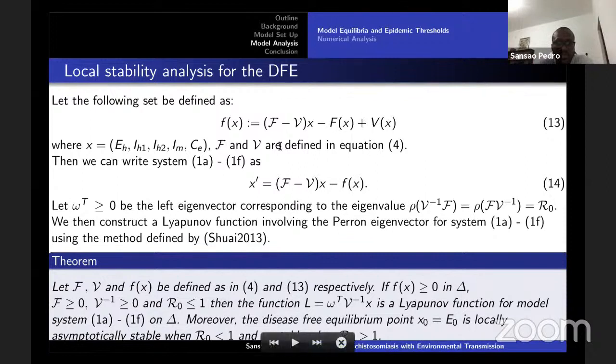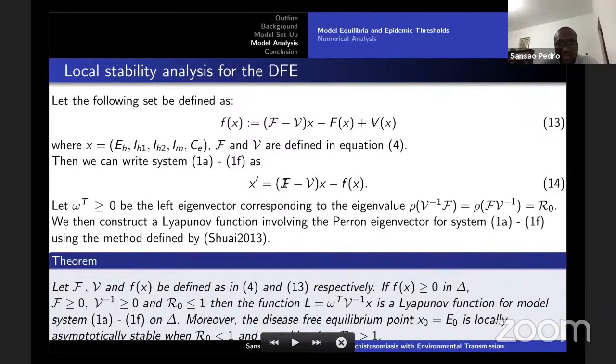So as you can see, we can write our system, in particular the infective compartments, but the whole system, with this reduction.